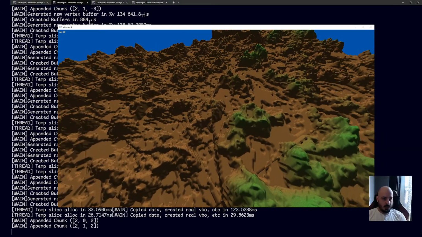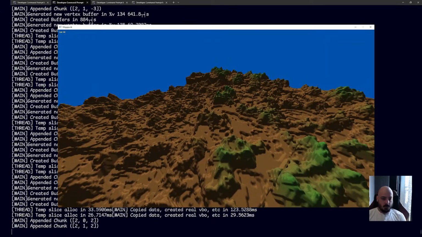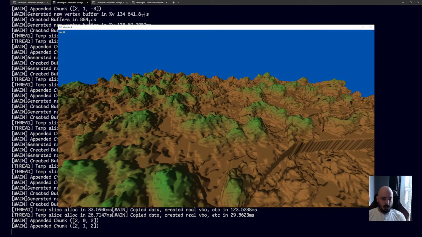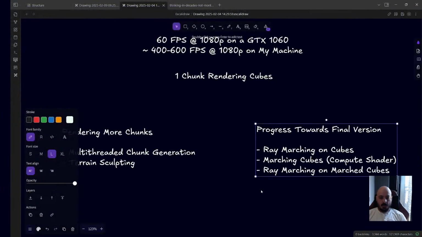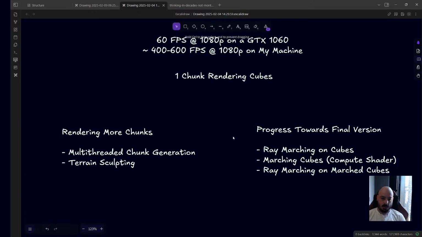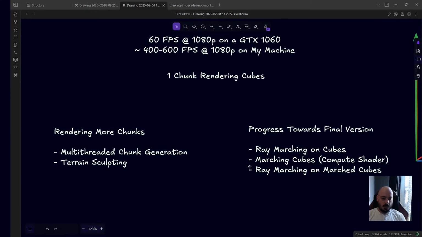The frame rate is capped at 60, but I think it's totally fine. But you don't get as cool effects. I have an idea for using the triangle marching cubes, and then using ray marching for some other effects like lighting, shadows, and stuff like that. But yeah, I think I'm going to go down this path first.